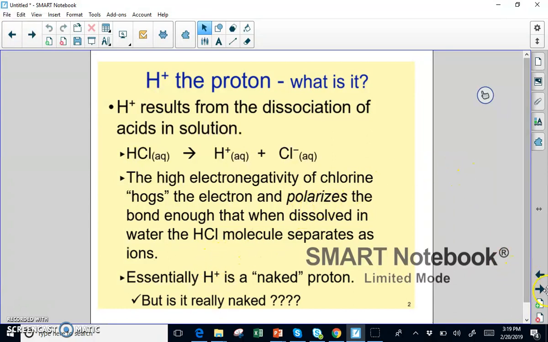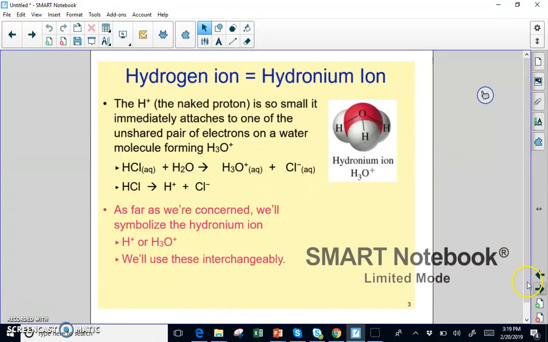Now, what happens when H+ is in water is that the H+ from hydrochloric acid actually hops onto water, and water becomes what is known as a hydronium ion, or H3O+. And then we have the Cl- that's released. Now these two reactions are equivalent.